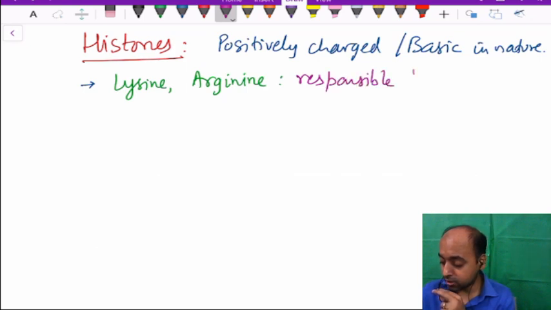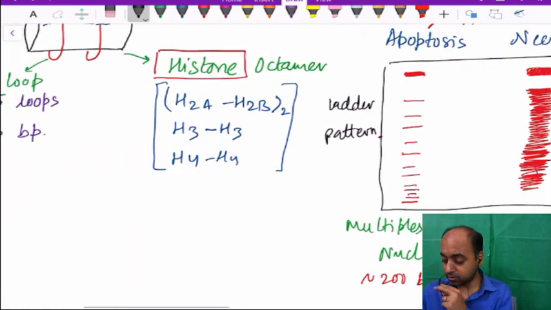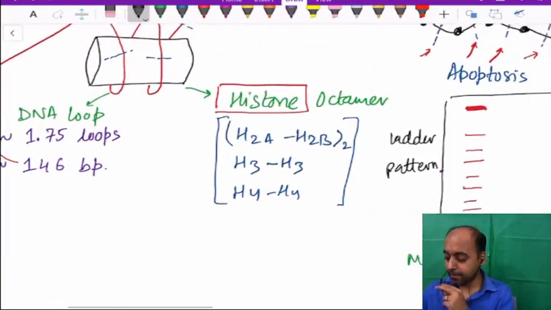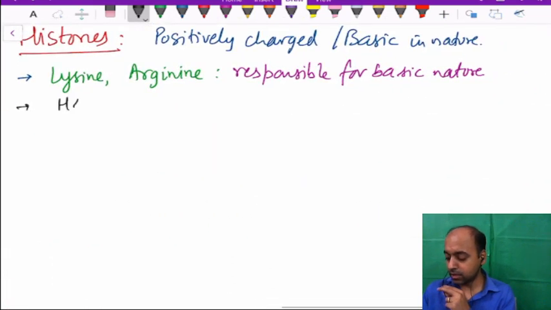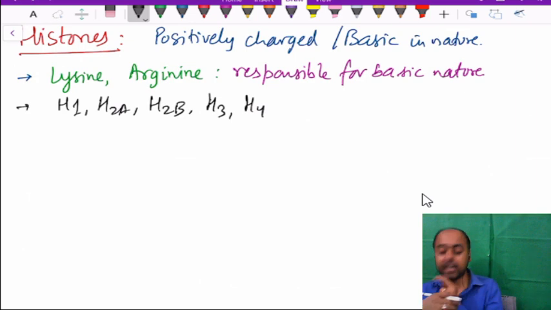We already mentioned that there are 5 types of histone. There are 5 types of histone: H1, H2A, H2B, H3, and H4.